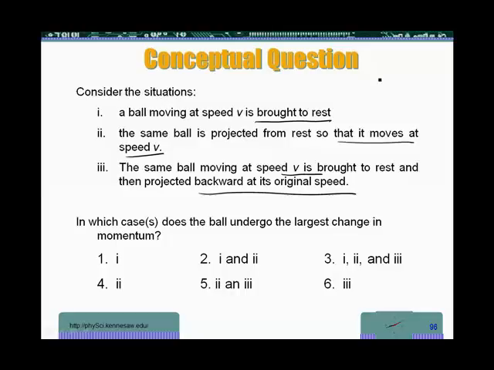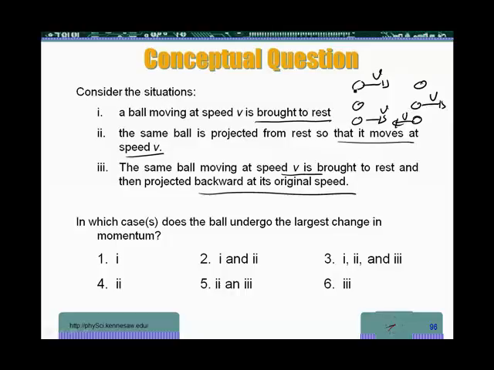Okay, so the first case, it's moving at v, we stop it. Second case, it is not moving, we made it move at a speed v. The third case, it is moving at a speed v this way, we got it to move at a speed v this way. In which case does the ball undergo the largest change in momentum?